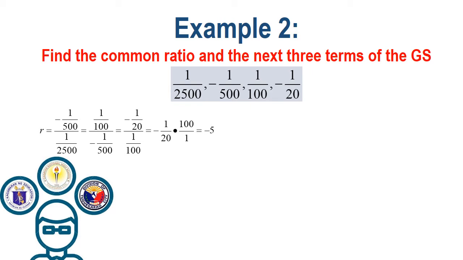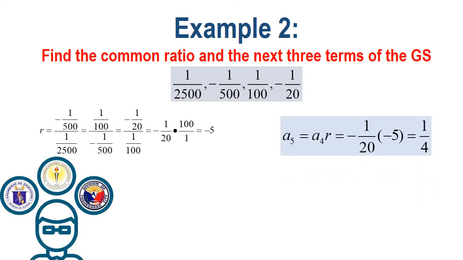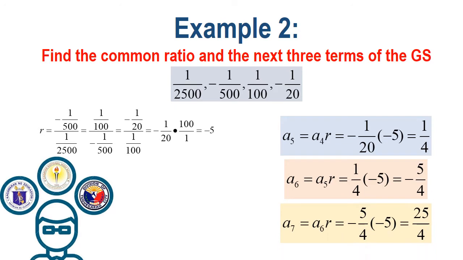Hence, our common ratio is equal to negative 5. The next three terms are negative 1 over 20 times negative 5, which is equal to 1/4. 1/4 times negative 5 is equal to negative 5 over 4, and negative 5 over 4 times negative 5 will give us 25 over 4.